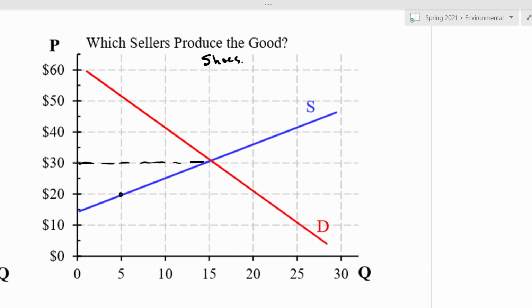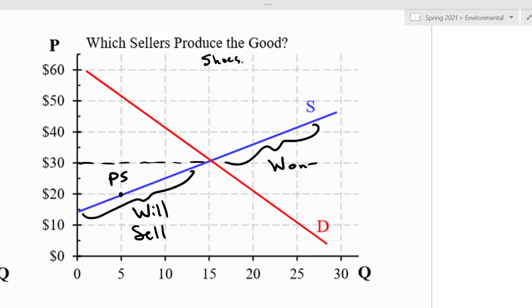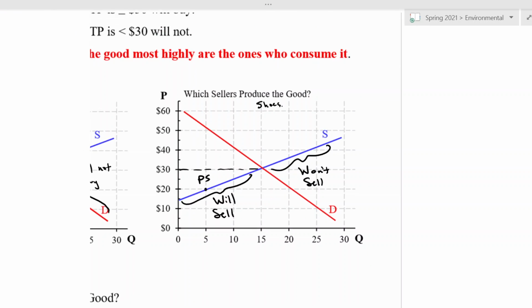This person, it costs $40. And so if the price is $30, they're not going to be in the market. But all that means is that, again, the lowest cost producers will sell, and the highest cost producers won't sell. So what do we have?